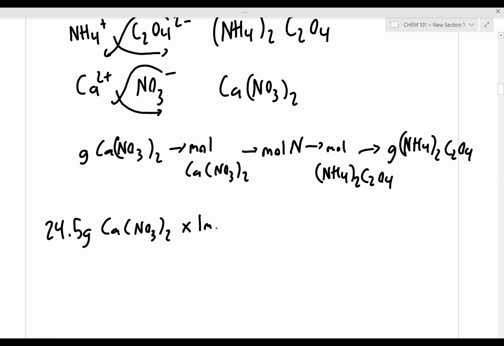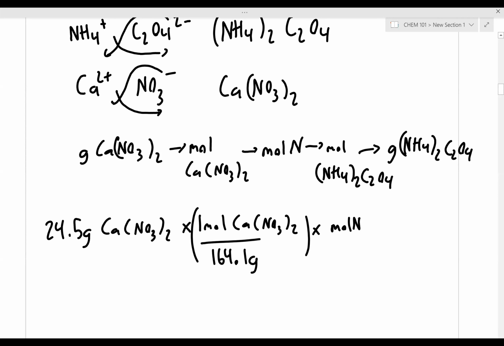So in 1 mole of calcium nitrate, we have 164.1 grams. Perfect. Now, my question to all of you is, how many moles of nitrogen do we have per mole of calcium nitrate? How many moles of nitrogen do we see? 2.